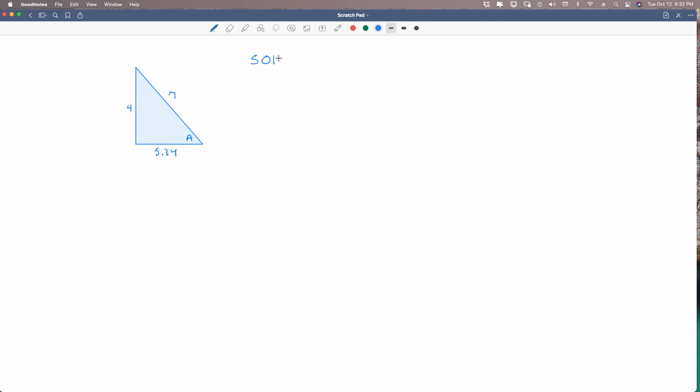So SOH CAH TOA. For the sine, we know that that is going to be opposite over hypotenuse. So our opposite, this is the angle, so our opposite is going to be 4, and our hypotenuse is 7.